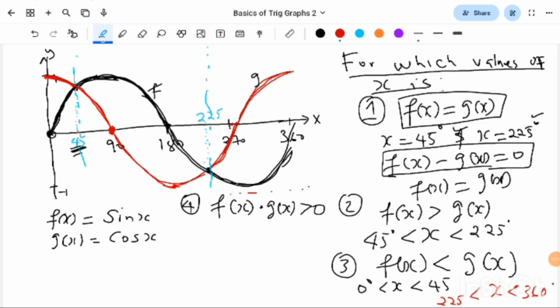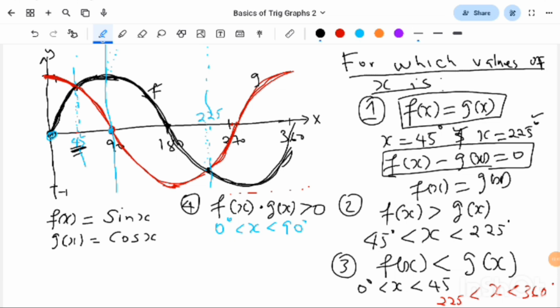Because after 90 degrees it goes below the x-axis, that means this piece here, from 0 to 90, both my graphs are above the x-axis. So we'll say the answer is x is greater than 0 degrees but less than 90. Right? Remember, we want where our graphs are both above the x-axis or below the x-axis.